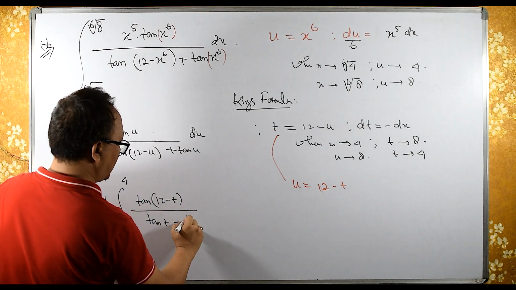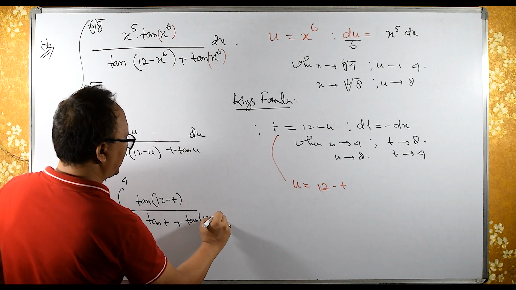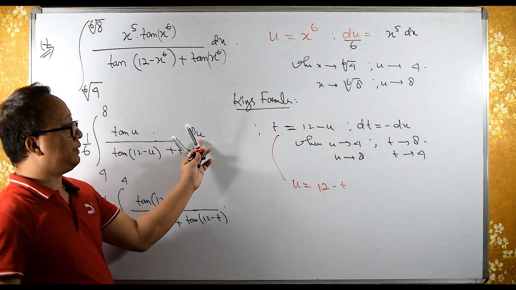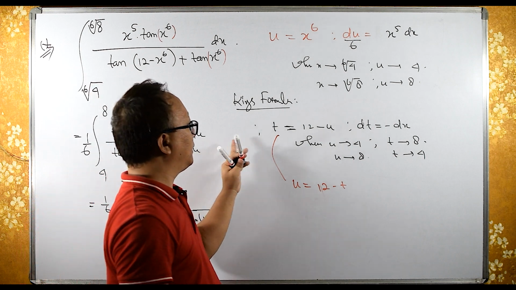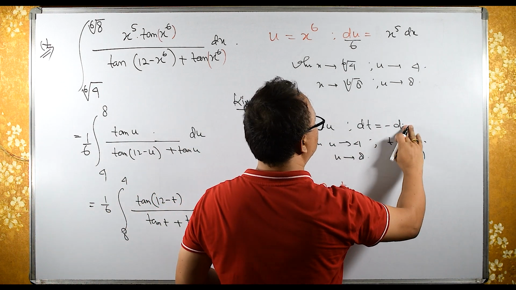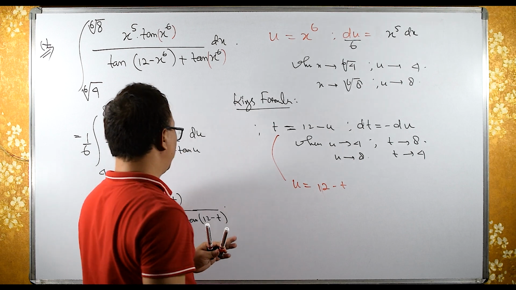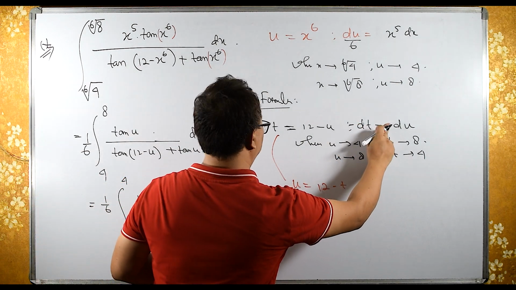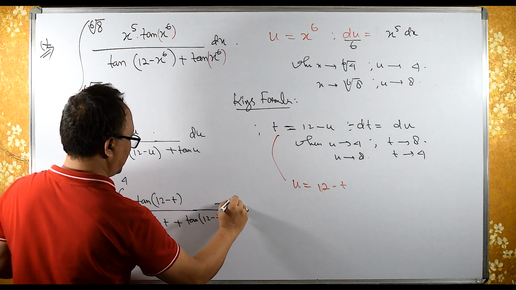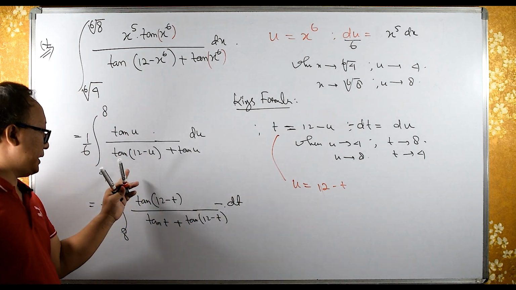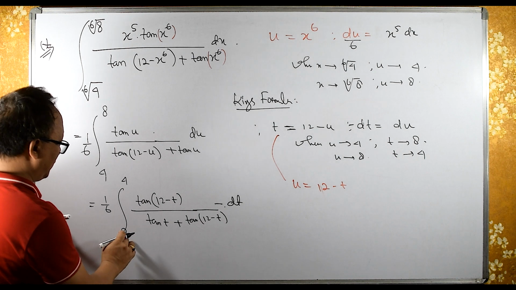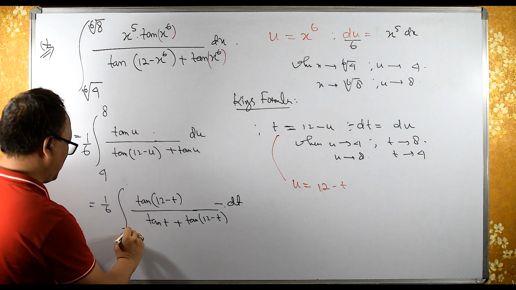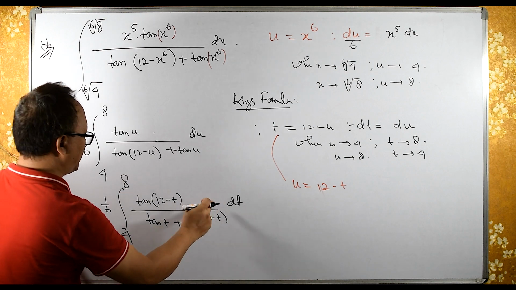Here this is the same as tan of 12 minus t, and du is the same as minus dt. So I will write here minus dt. This minus I will use to change the limits: instead of 8 to 4, I will write 4 to 8.